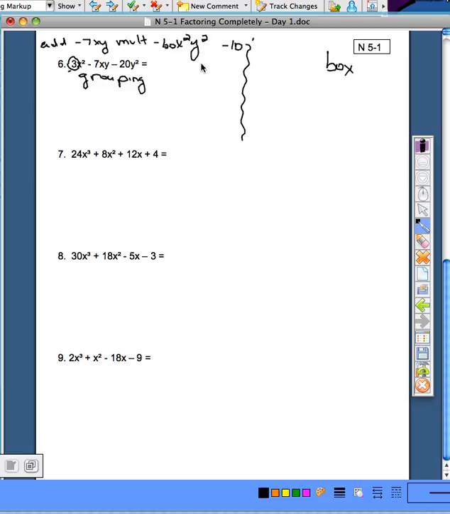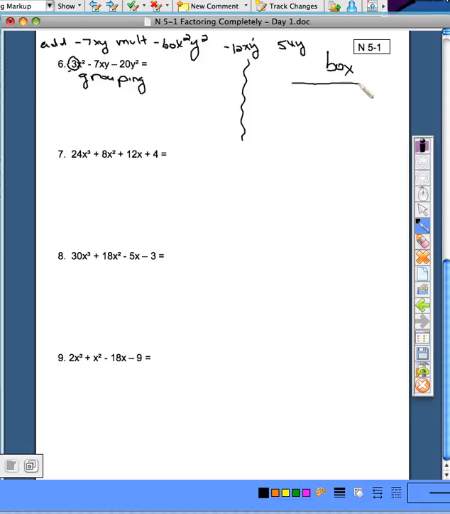It's going to be 12 and 5. Took me a minute. Okay, so where's that? So we have negative 12xy and 5xy are the two factors we're going to use to get that middle term. Those will multiply to be negative 60, add to be negative 7.